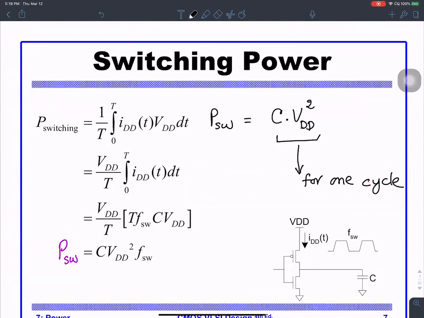And if the capacitance switches with a frequency of F_SW, then the power consumed will be this. That's easy to see once we realize that this term represents the energy consumed for one full cycle of charging and discharging. The rest is very straightforward to see.